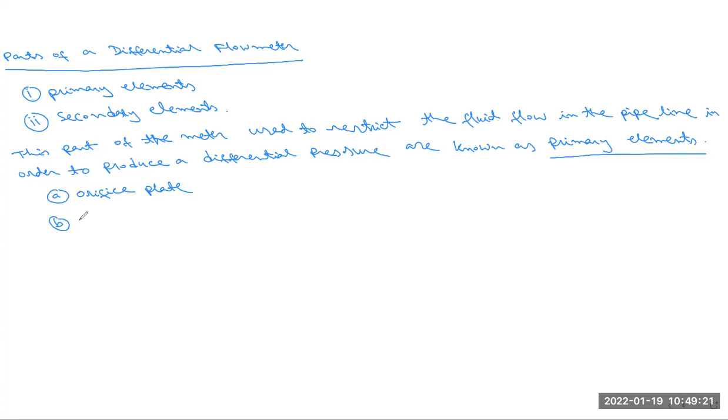B, venturi tube. Then we have C, flow nozzles. D, this is the dall tubes. E, pitot tubes.